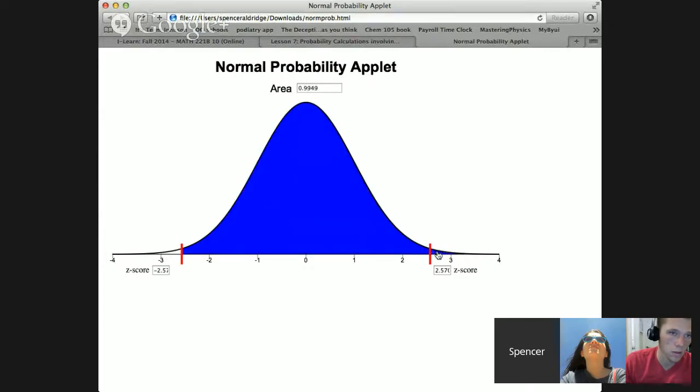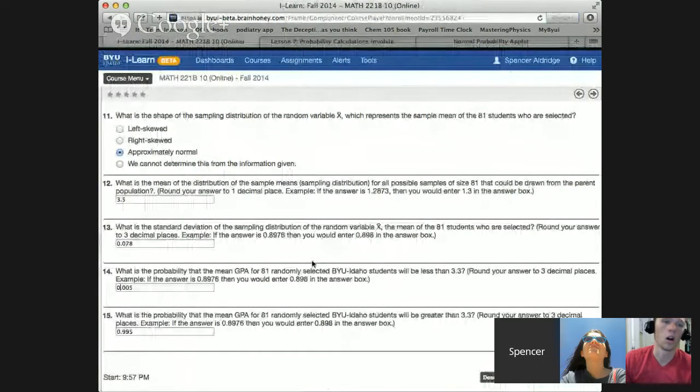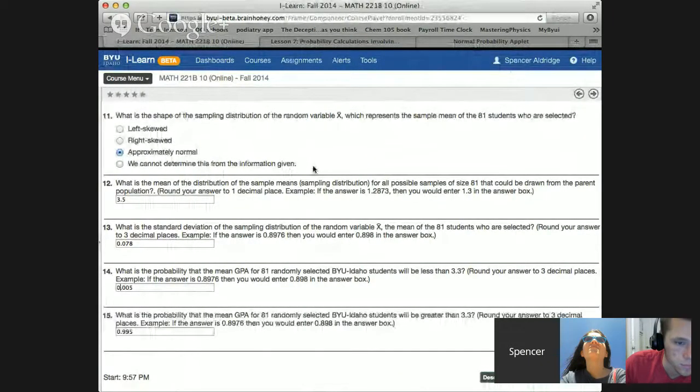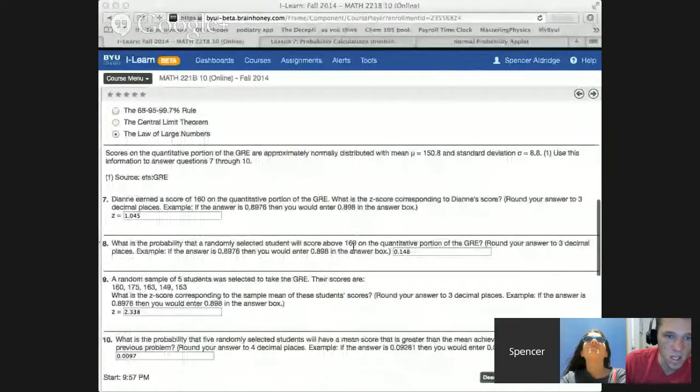So it's everything above that line, so it's going to be 1 minus what we got for number 14. Oh, so you include the middle area, I see. Right, because it's everything above that. Okay, so what's the answer to 15 again? 0.995. Okay, that's what I put.